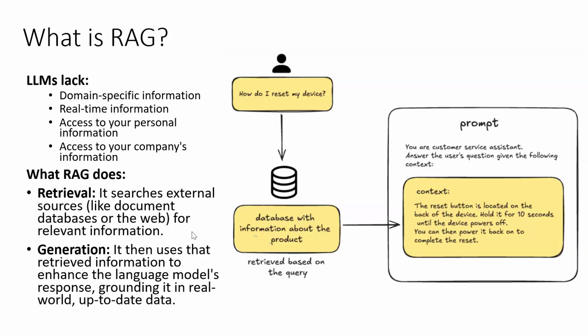Okay, so what is RAG? So the large language models, which are trained on a large corpus of data, basically lack a couple of things. For example, the first is domain specific information. These LLMs are trained on a large corpus of data, scraped from the internet and cleaned.